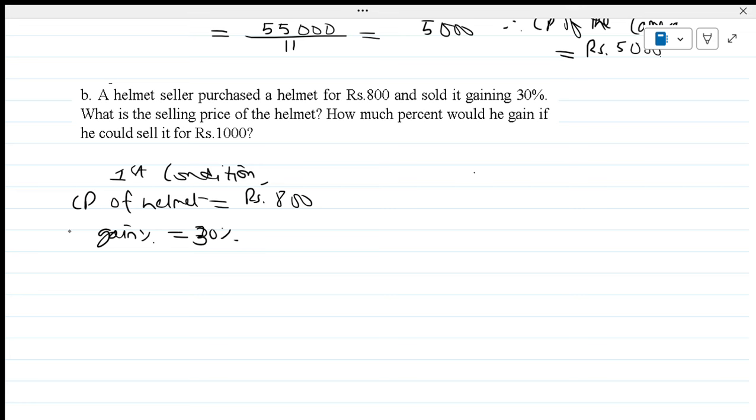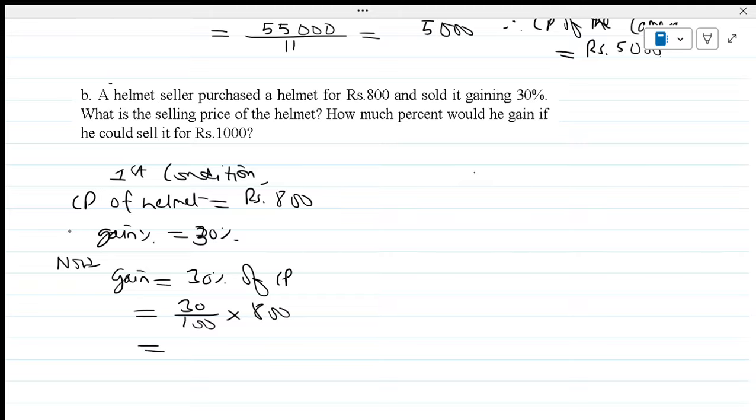For that, let's identify the gain amount first. So gain equals 30% of CP, so 30 divided by 100 into CP 800. Cancelling by 100, 8 times 3 is 24, so 240 rupees is the gain.